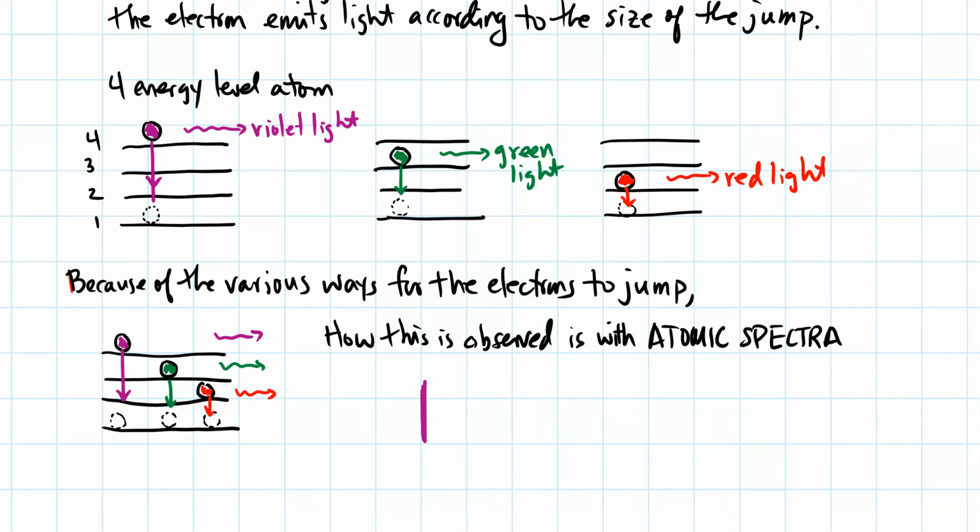So I'd have a violet, I'd have a green, and I'd have a red. So what you see here is, look at the spacings here. The way I drew them is that they're equal in distance, and therefore, because these energy levels are equal in distance, then what I'm going to see here is these 3 colors.